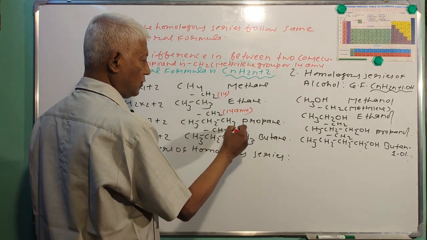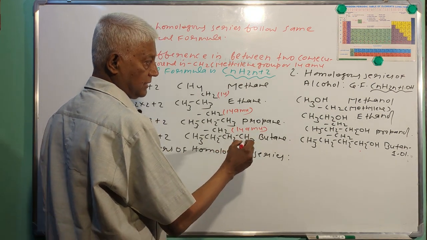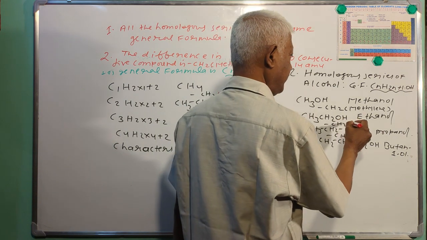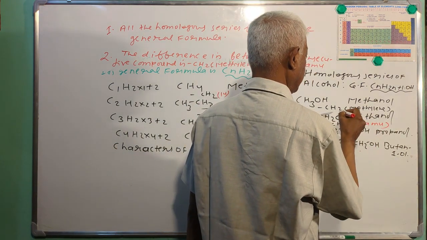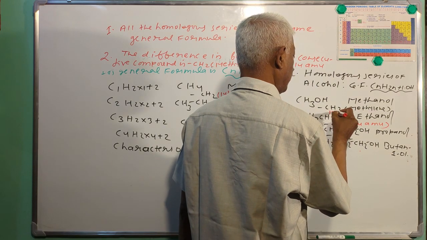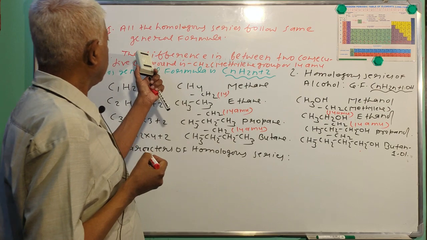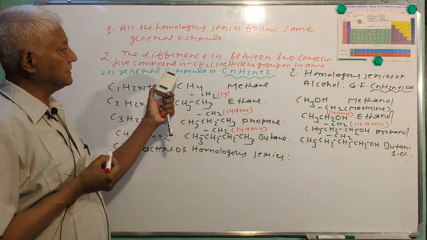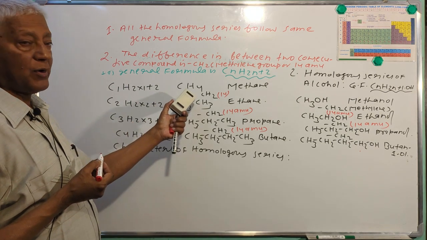In this case also how much? 14 AMU. Yes, in this case also 14 AMU. So the second character of any homologous series is the difference between two consecutive compounds.